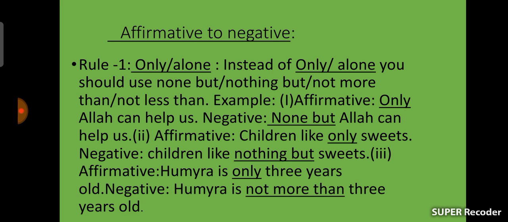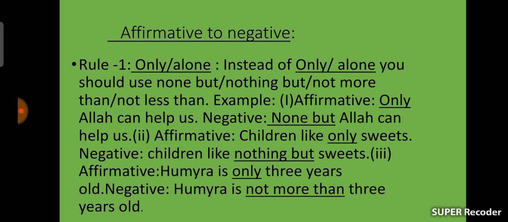Okay, let's see the third example. Affirmative: Humaira is only 3 years old. Here only indicates years of Humaira, so we should write down not more than or not less than instead of only. So the negative of the sentence will be: Humaira is not more than 3 years old.